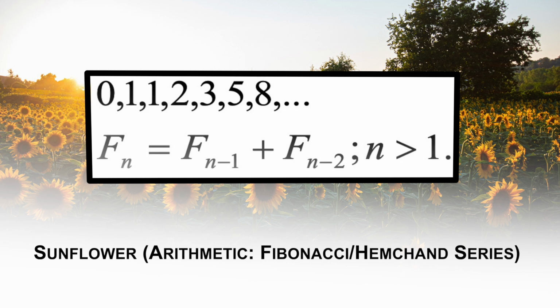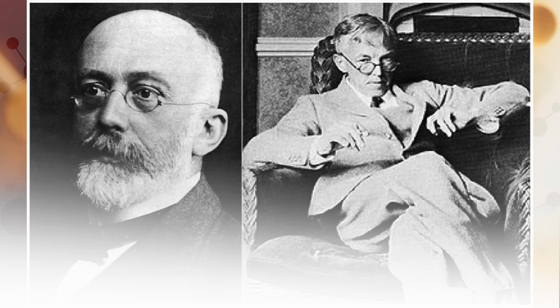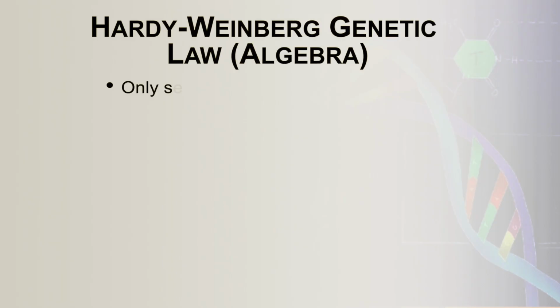Whatever value greater than 1 we put, we can obtain the pattern of the sunflower, or the Fibonacci series. Again, the famous mathematician, the mentor of the great Indian mathematician Srinivasa Ramanujan, Professor G. H. Hardy, and his friend Weinberg presented the genetic law.